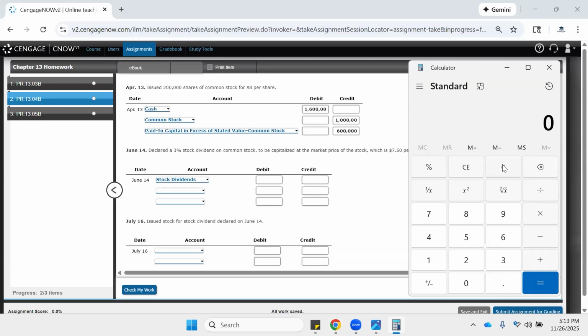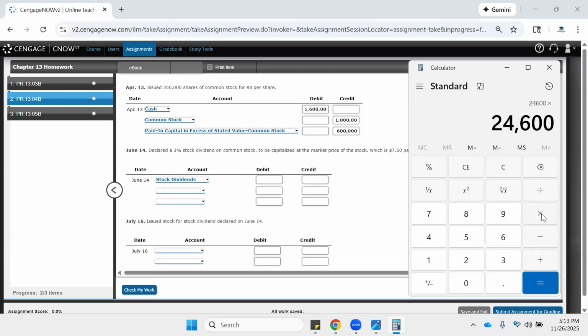So our shares outstanding was the initial 620,000 of shares issued plus 200,000 shares is 820,000 shares outstanding as of the stock dividend. Times 3% is 24,600 shares are issued as a part of this stock dividend.